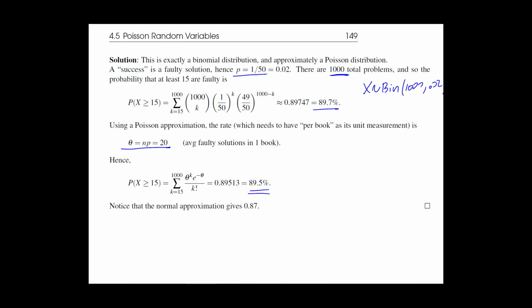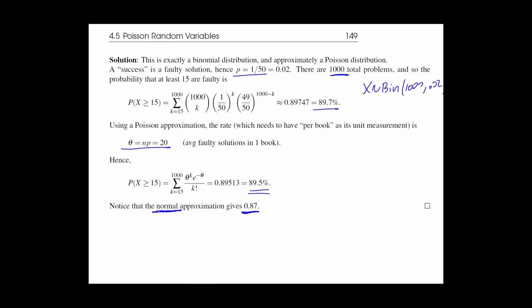And finally, the easiest way when you don't have numerical methods is to use the normal approximation, right? Because we know the normal can approximate now both binomial and Poisson. And in this case, the normal approximation is not too bad, right? 0.87.